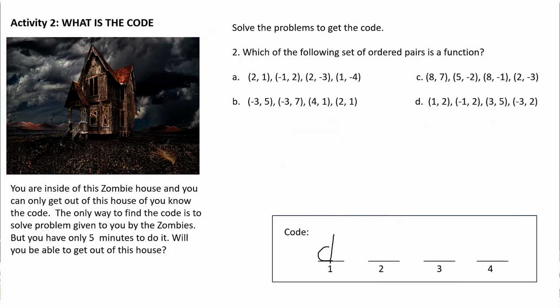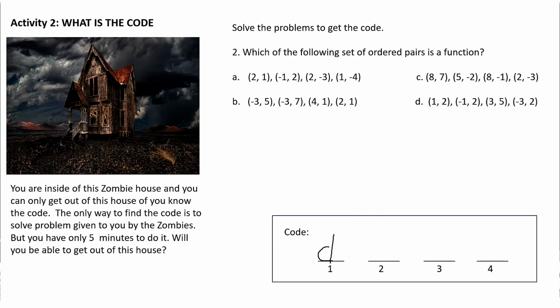Next, problem number 2. Which of the following set of ordered pairs is a function? So we are given four sets of ordered pairs A, B, C, D. Again, if we want to determine if the given set of ordered pairs is a function or not, let us take a look at the values of x. The values of x must not be repeated.